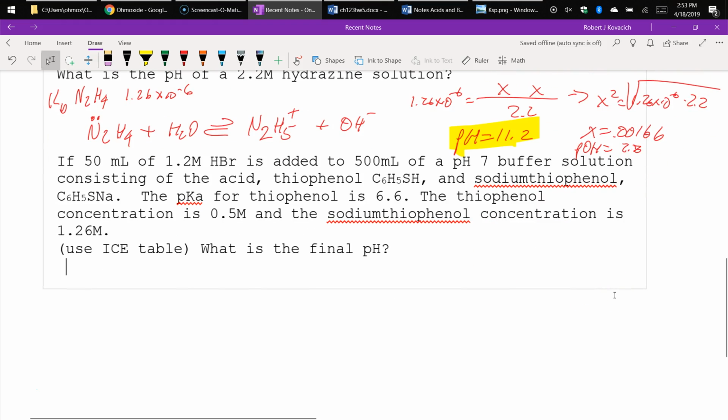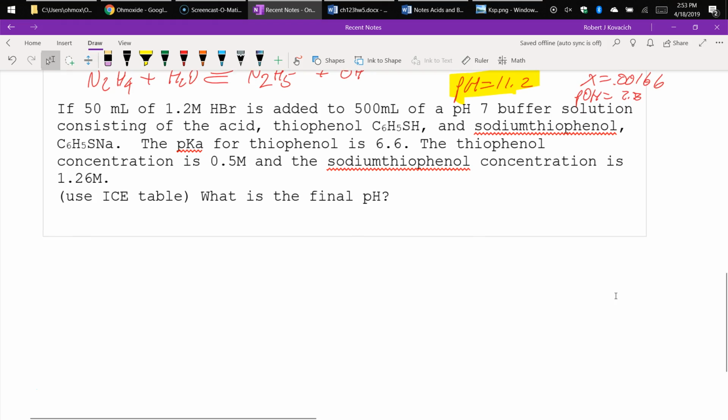Okay, so we're going to do another buffer problem, and I'm telling you right off the bat that this thing is buffering at a pH of 7.